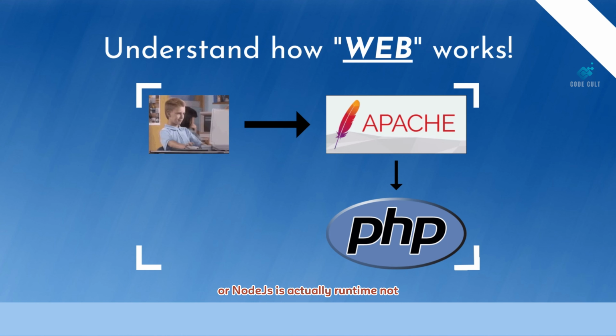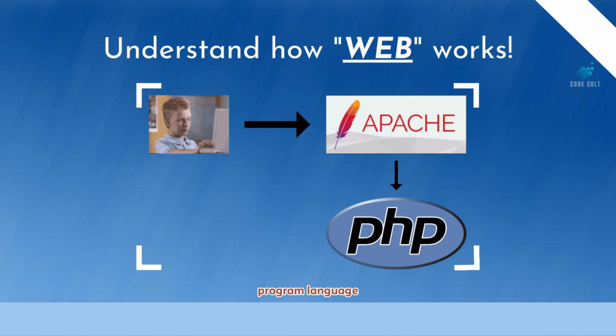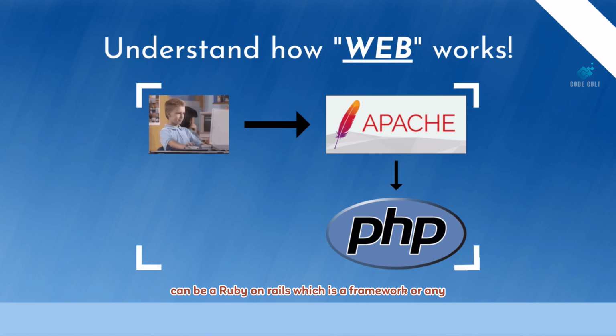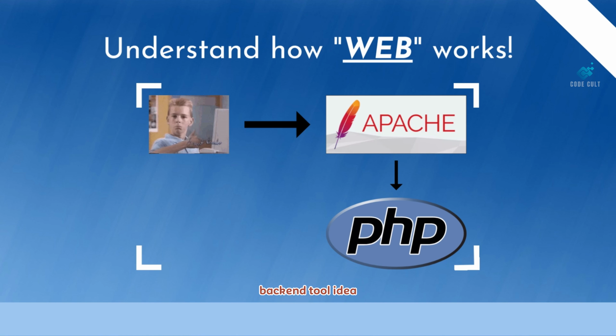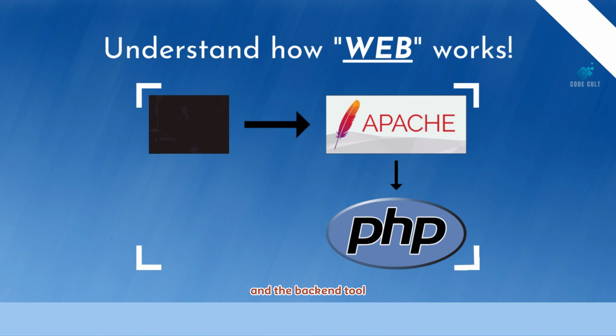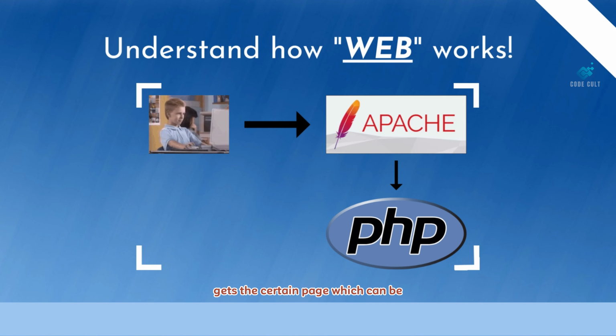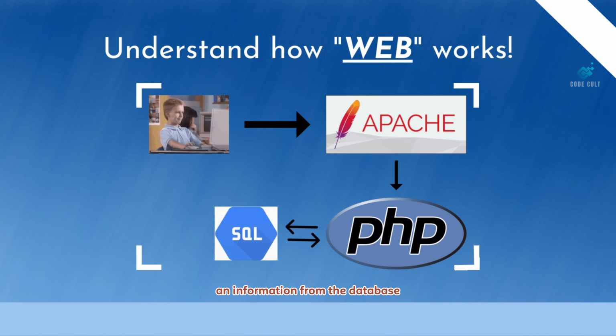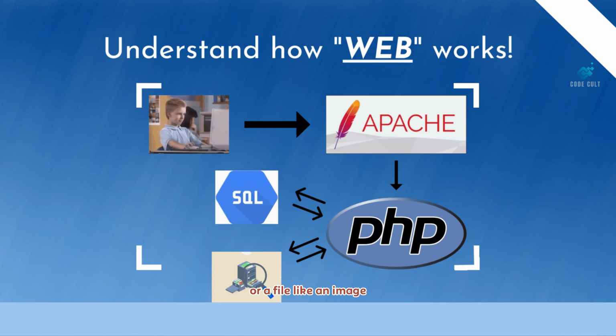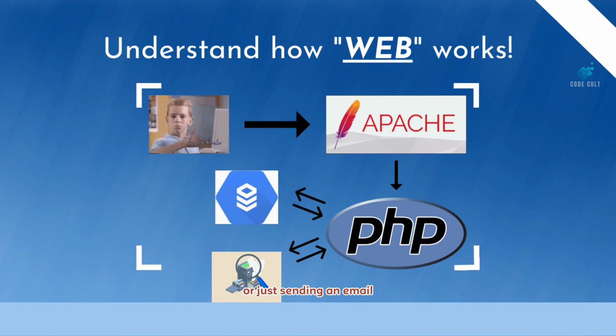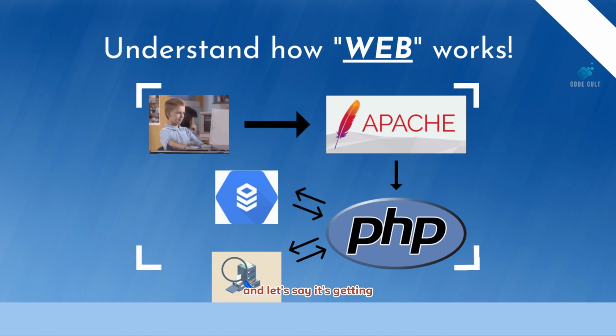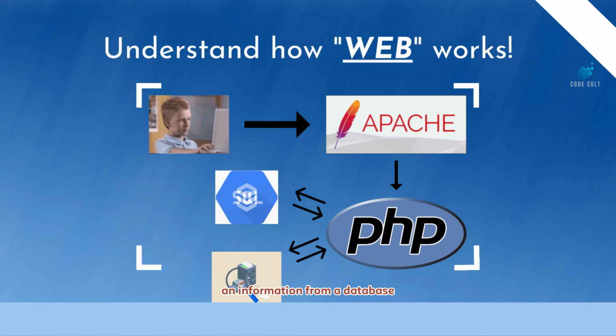Node.js is actually a runtime, not a programming language, or it can be Ruby on Rails, which is a framework, or any backend tool right there. And the backend tool gets this certain page, which can be information from the database, or a file like an image, or just sending an email. And let's say it's getting information from a database.